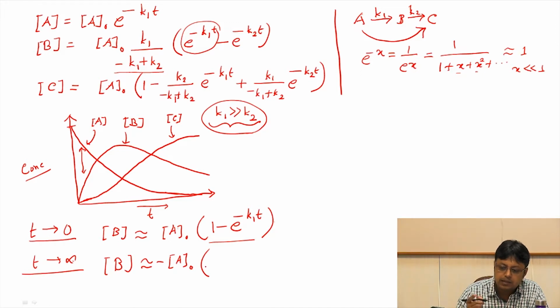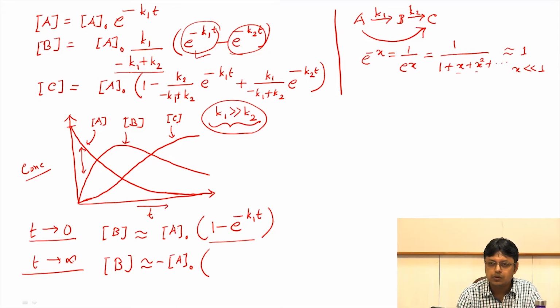Now if you take the other limit, e to the power minus K1t, that you can totally ignore, because K1 is large and t is also large, so it is going to e to the power minus infinity.